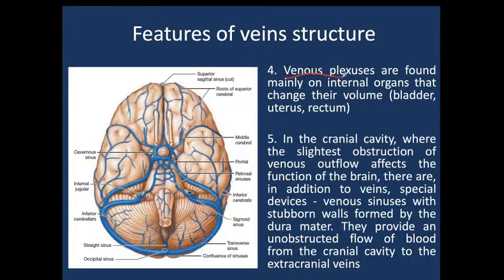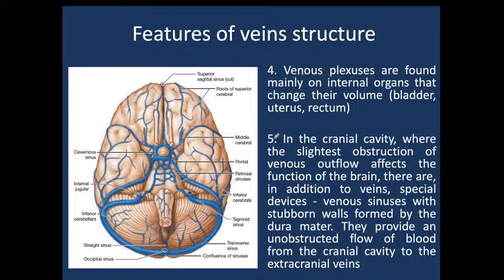It is a combination of different veins, small and big, and they surround the organ and are called internal organ venous plexus.